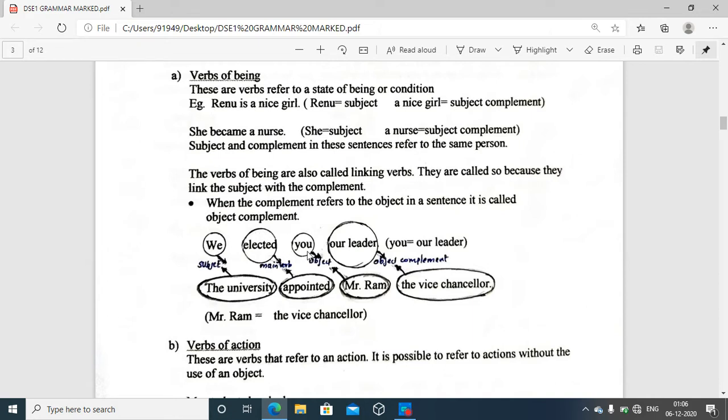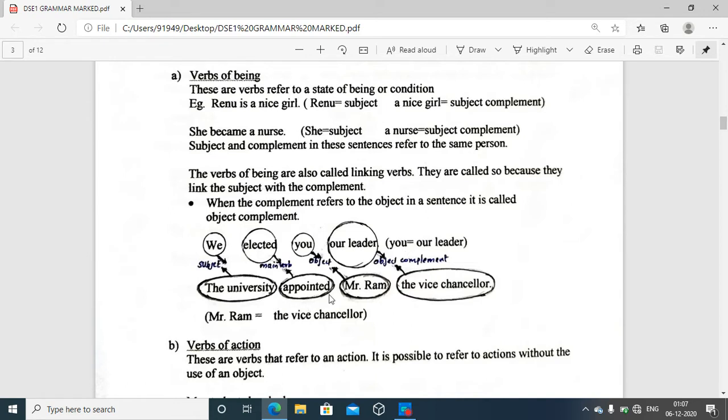You, of course, object of the action of this election on the part of we. So, you as a word is the object here, and the phrase our leader again refers to this object itself. So, our leader, object complement.